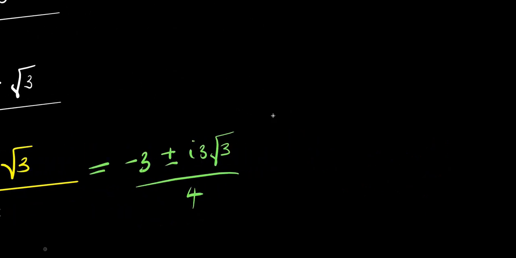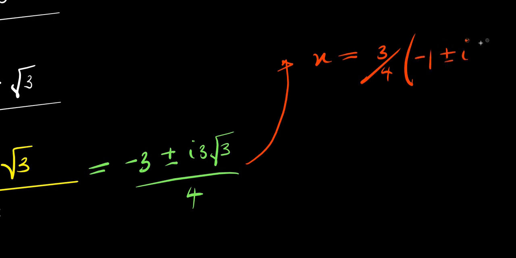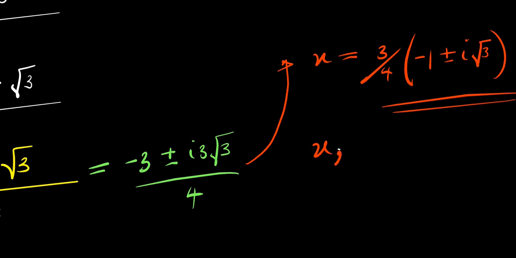So what I can do will be to factor out 3 over 4 from here, so x equals 3 over 4 of negative 1 plus or minus i times root 3. Right? We have two complex values for x. I have x2 equals 3 over 4 of negative 1 plus i root 3.